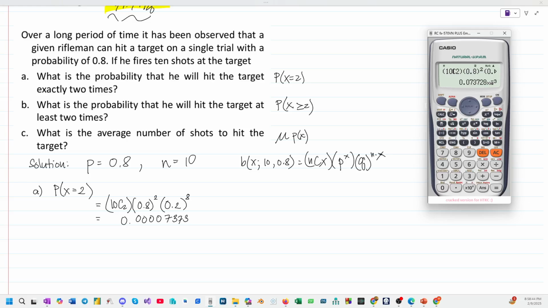Ayan na lang, 0.302. Okay? So you have these.